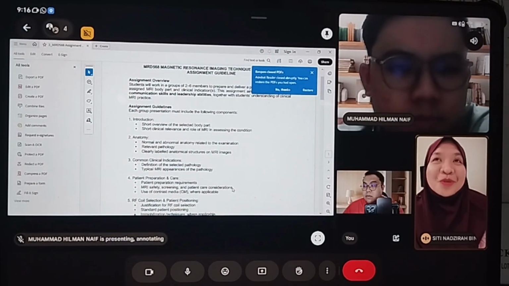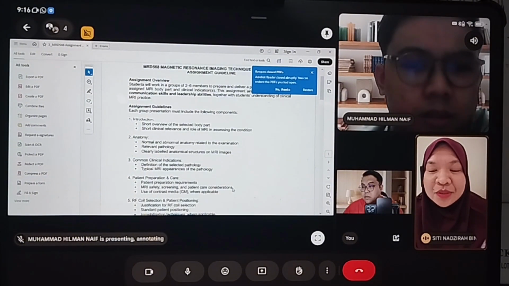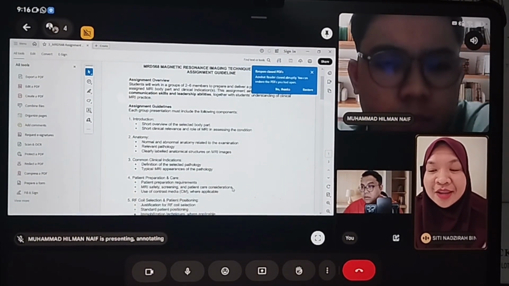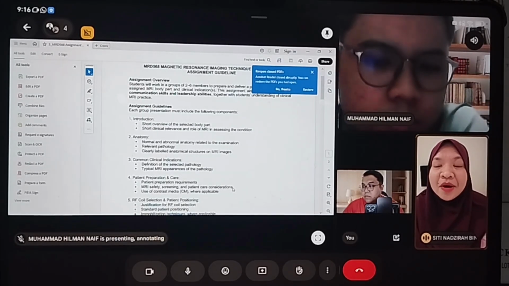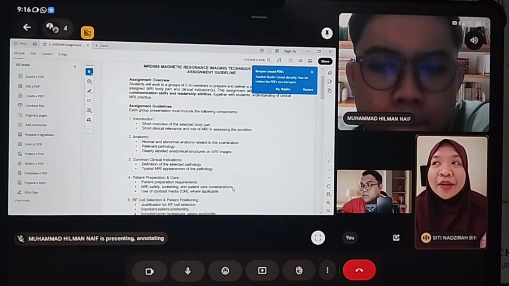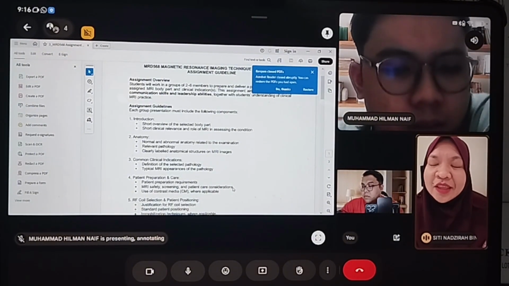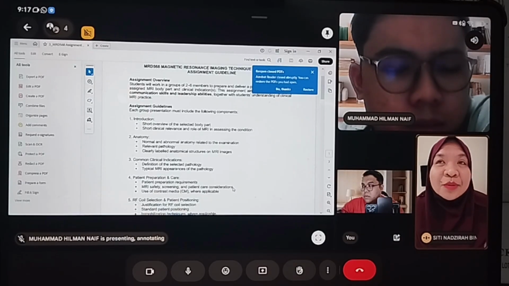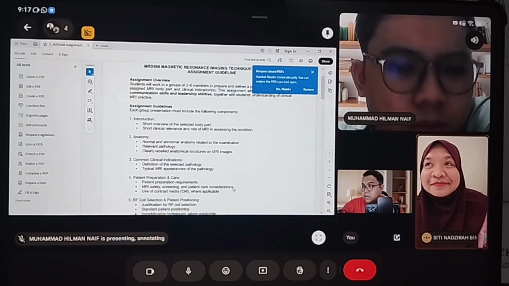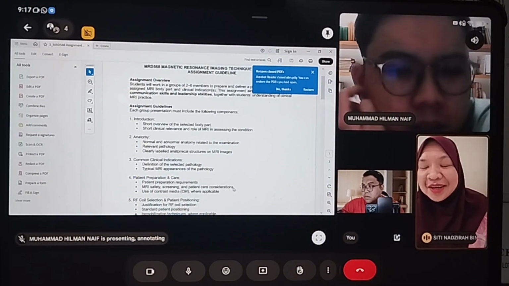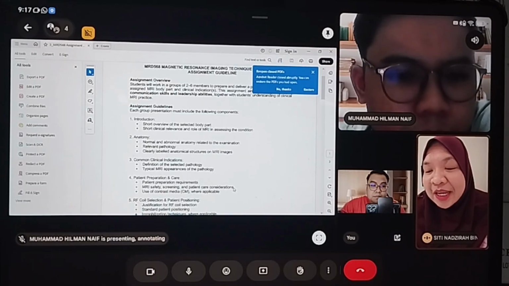Hi everyone, good evening. As we know, our topic is about MRI neck and spine. It is a good topic because MRI spine is quite familiar to us, and it has many important clinical applications.